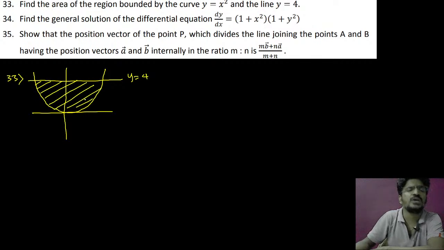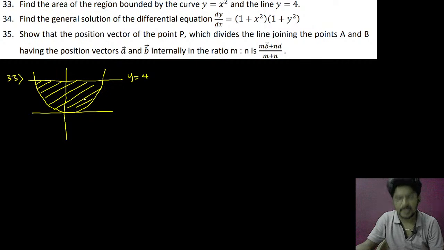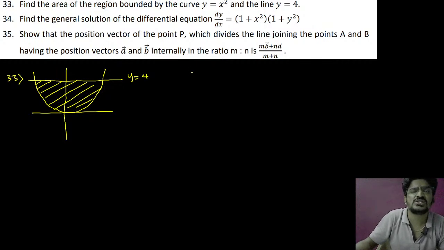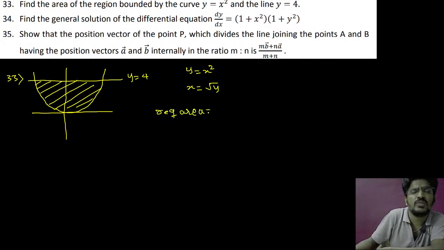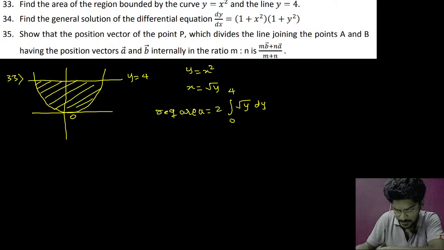Here you can see y equal to x square, so x equal to root y. Here we have to integrate with respect to y. Therefore the required area will be equal to 2 times the integration from 0 to 4 of root y with respect to dy.